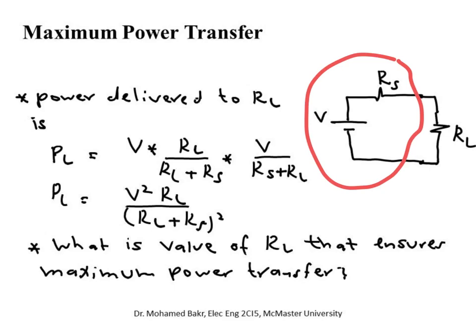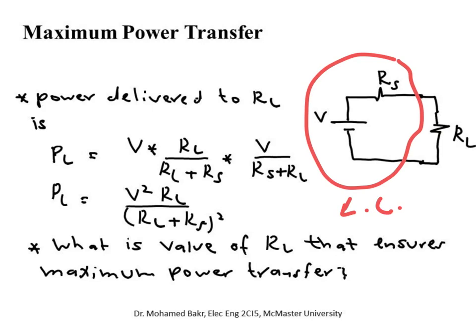So there is a linear circuit happening here, I just call it LC, linear circuit. So a question that we want to answer right now: what should be the value of RL to get maximum power delivered from this linear circuit to my load?